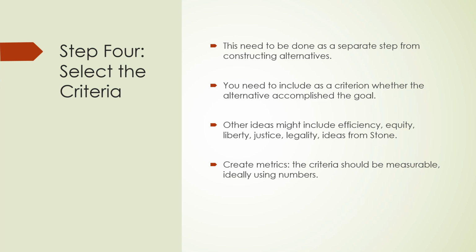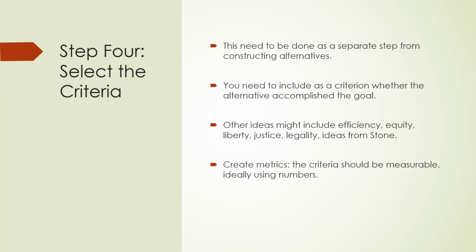However, Bardach knows a thing or two about public policy, a well-recognized expert, and he says that selecting the criteria is actually step 4. You say this needs to be done as a separate step from constructing alternatives. You need to include as a criteria whether the alternative accomplished the goal.